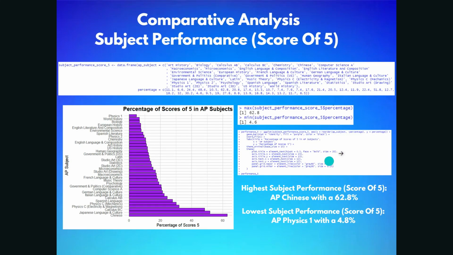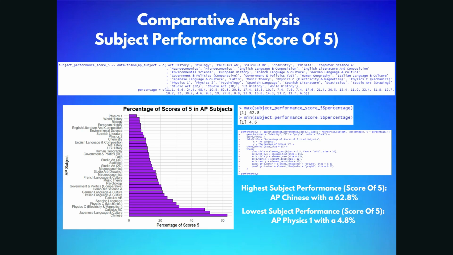And here's a comparative analysis. I thought this was interesting to share with you about comparing the highest subject performances who scored a 5. So in other words, you can see here I created a stacked horizontal bar chart in R, and I calculated the max and the min.